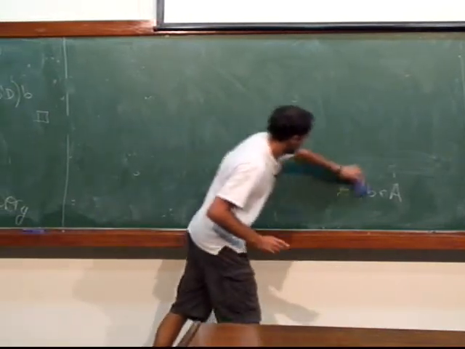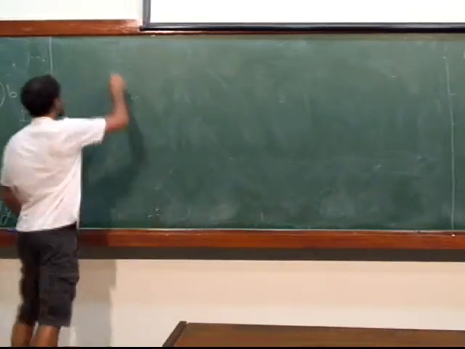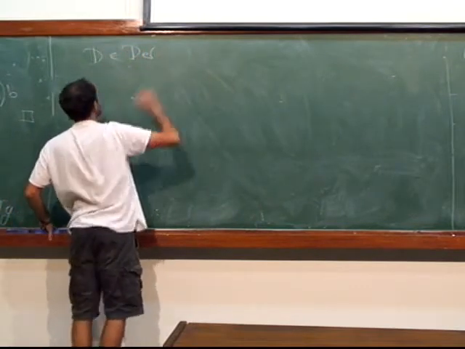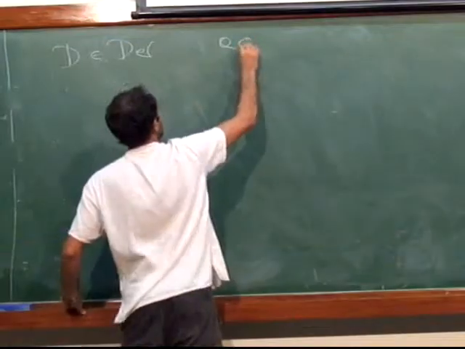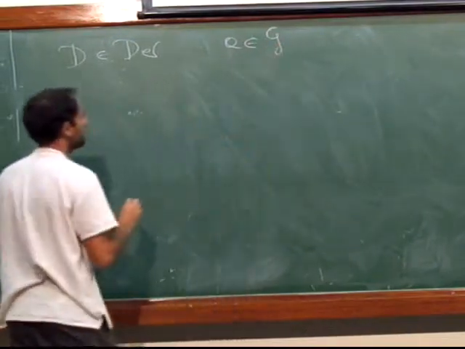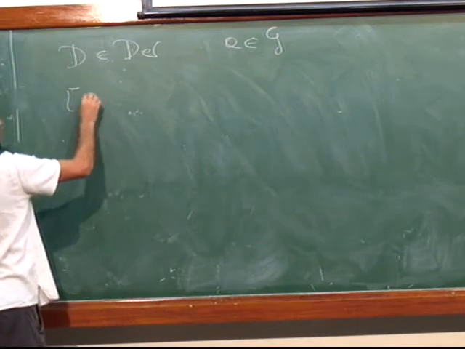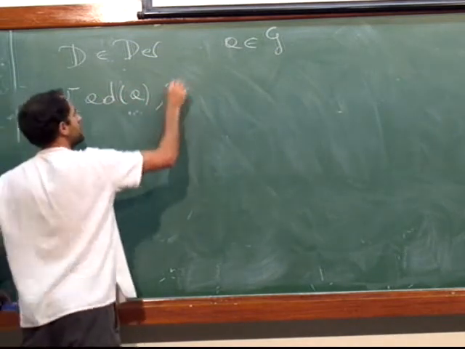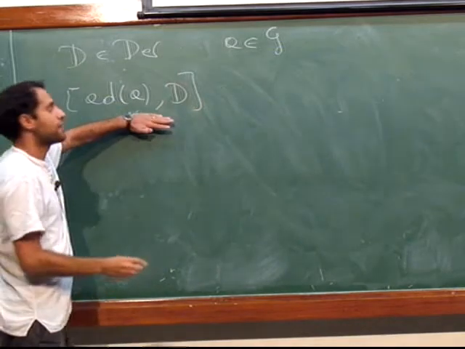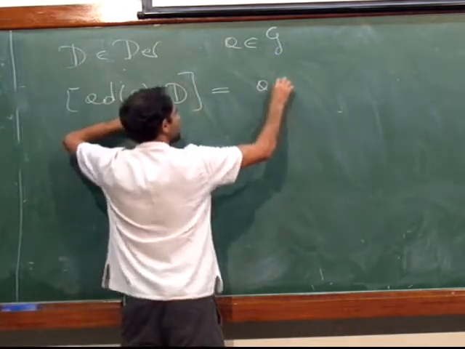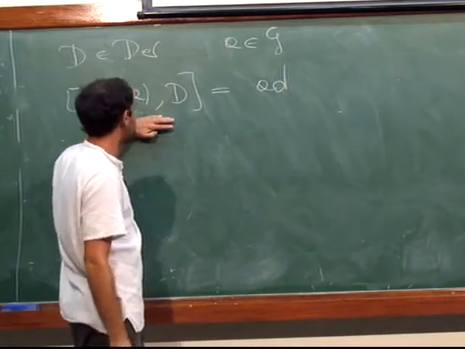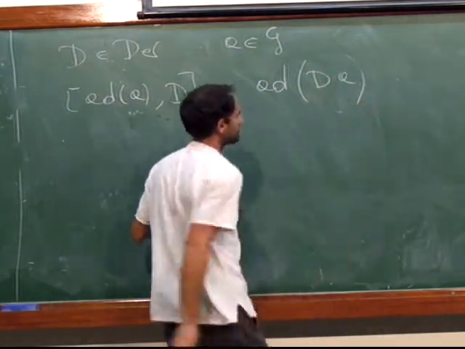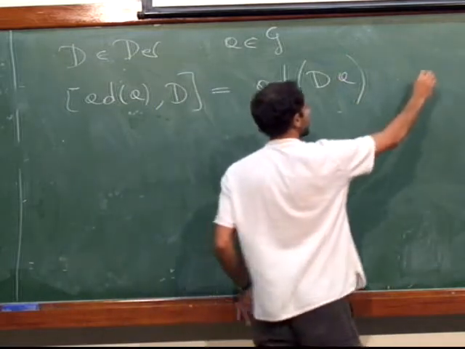Well, it means that if I grab a general derivation D instead of a general derivation and an A instead of G, then I take the bracket of this guy, which is an inner derivation, with D, and I should get, again, an inner derivation. If it's an inner derivation, it's going to have to be ad of something, and it just so happens that it's ad of dA. So this is what people should check.